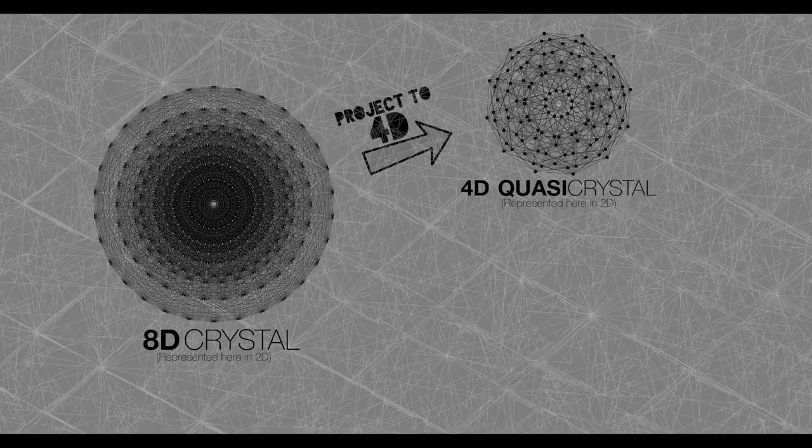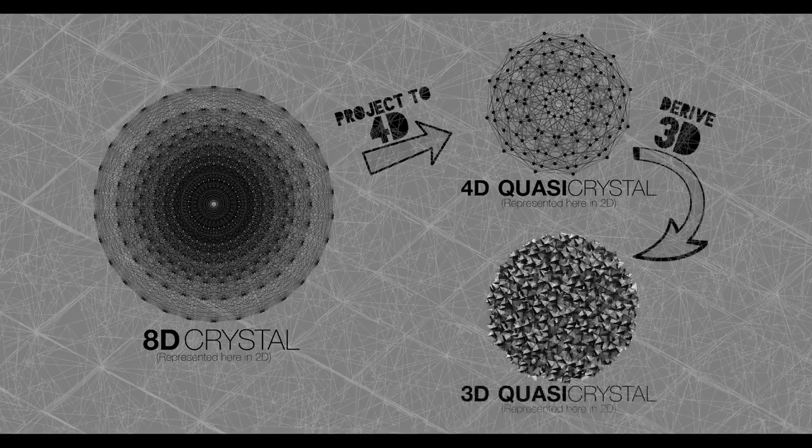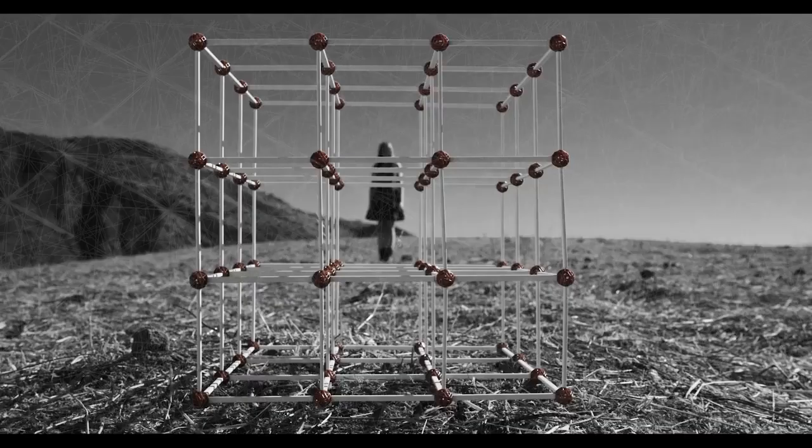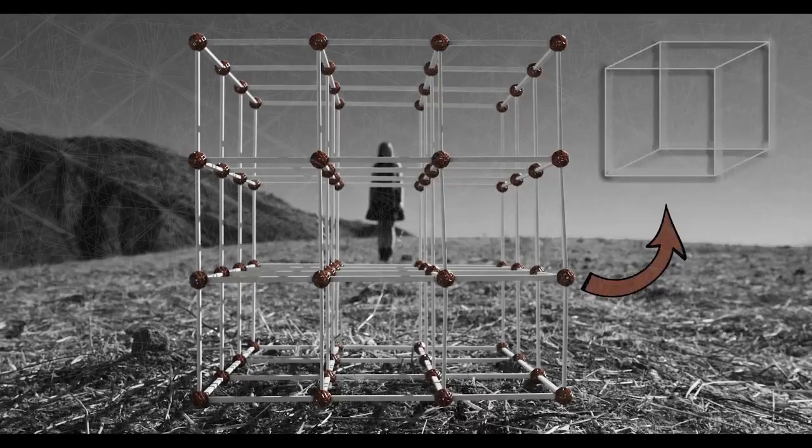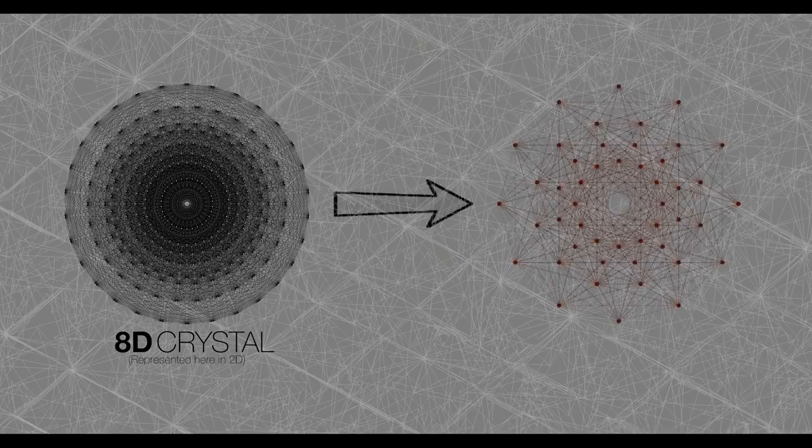To generate that 3D quasicrystal, the substructure at the pixelated fabric of reality, we project this 8D crystal to 4D. And then we convert that to 3D. Now, just like the basic cell shape of the 3D cubic lattice is the cube, the cell shape of the E8 lattice is an 8D shape with 240 vertices.